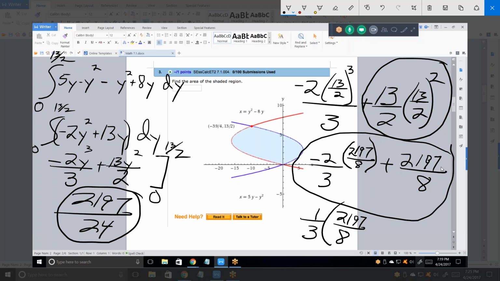First of all, make sure you saw what I did. In other words, I basically had minus 2/3 of a number plus a number. That combines to 1/3 x. And my number in this case is 2197 over 8. So it's 1/3 of that, which is 2197 over 24.